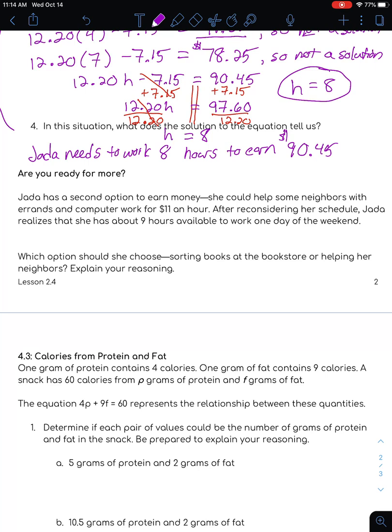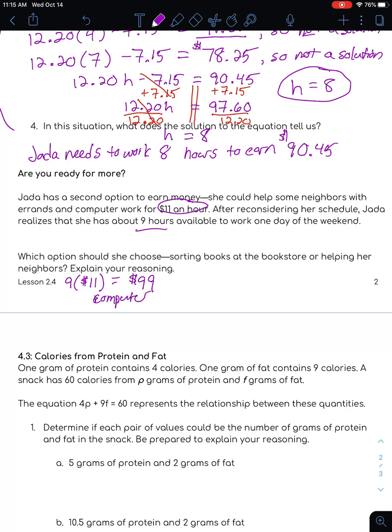Well, the first calculation is pretty straightforward because she works 9 hours for her neighbor at $11 an hour. So 9 times $11 per hour gives her $99. So that would be, there's the bell, that would be the computer work, right?